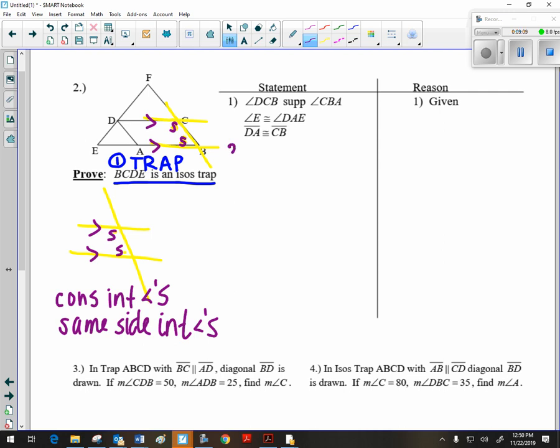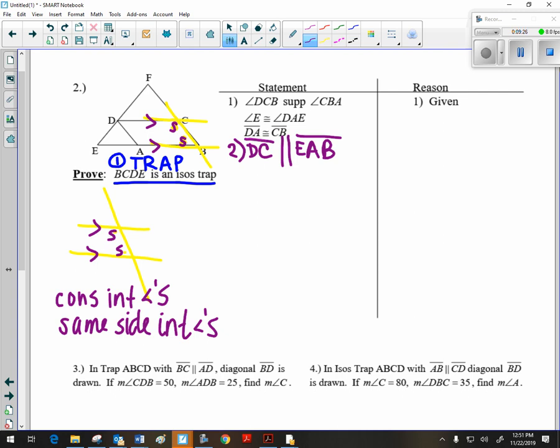So when I put that into my proof, I'm going to put that line segment DC is parallel to, and I'm actually just going to call it EAB here. You could just call it EA, or line segment AB, or line segment EB.